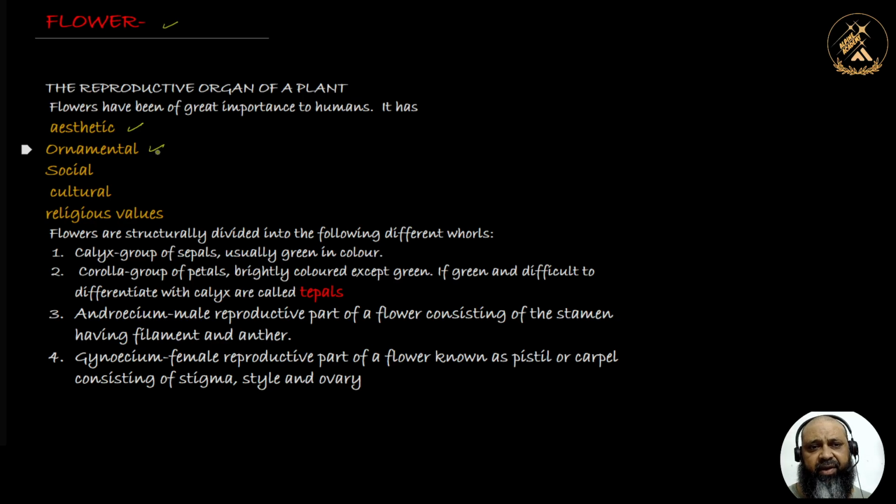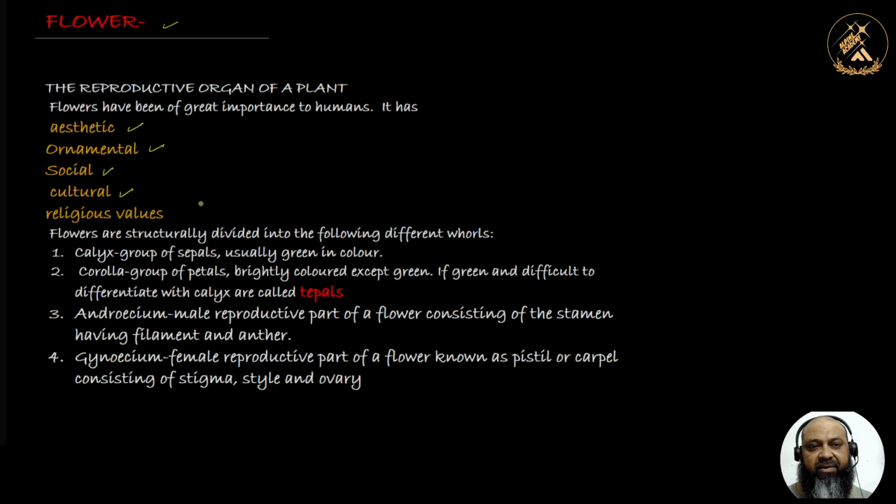Ornamental purpose: we use them for decorative reasons. On occasions like wedding ceremonies, birthdays or any festivals, we decorate our places with these beautiful things. They have a special social value and a very important cultural value too.